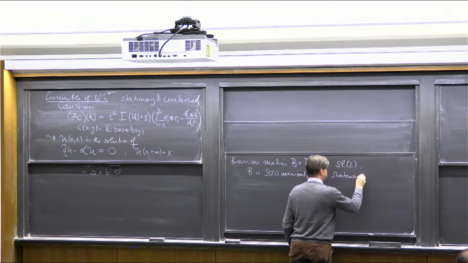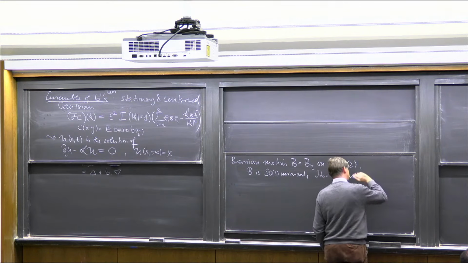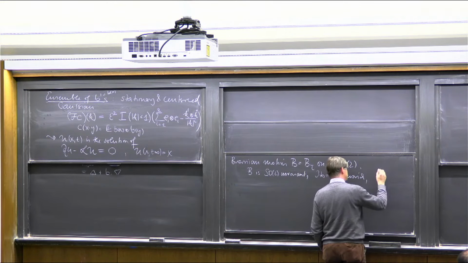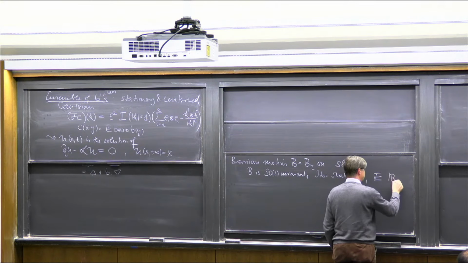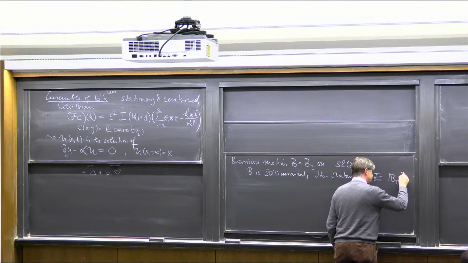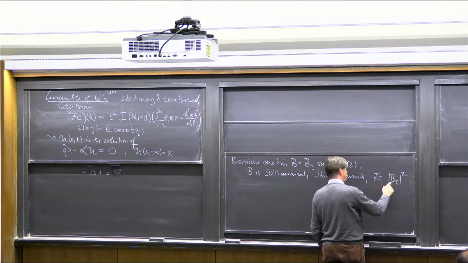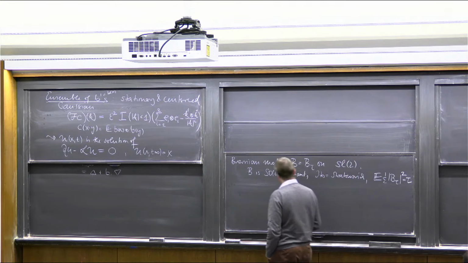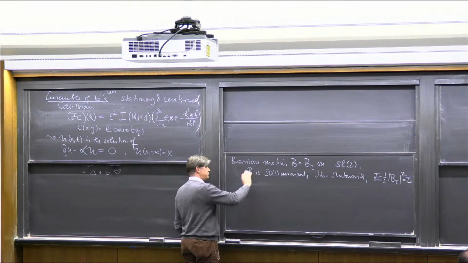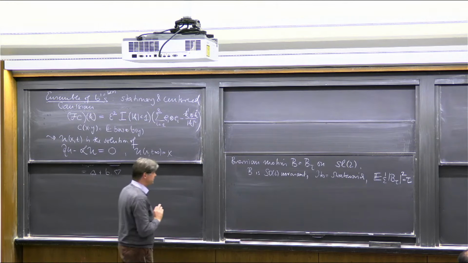I will explain what that means a bit later. And then there was a normalization, which was that the expectation of the Frobenius norm squared of B_tau, which is a number, is equal to tau. As I will explain, that uniquely determines this Brownian motion.